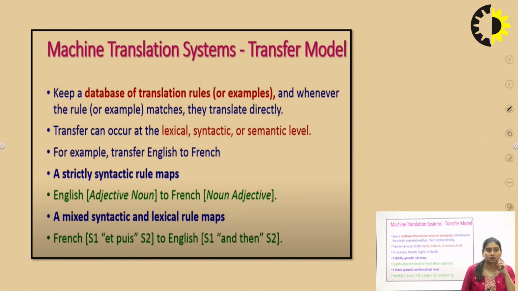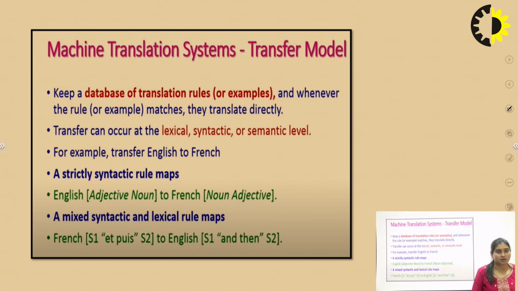For example, in one sentence, if there is a word like "is", and there is another word which is used for "is", this is the example, this is the rule set, and the data set of such rules is kept, and whenever the rule or the example matches, they translate directly. So transfer can occur at the lexical, syntactic, and semantic level. These are the levels on which the transfer can occur, and this is called the transfer model, and it comes under the machine translation systems.